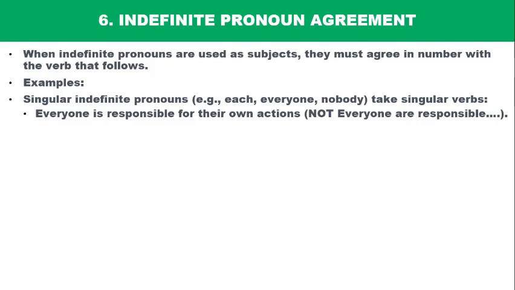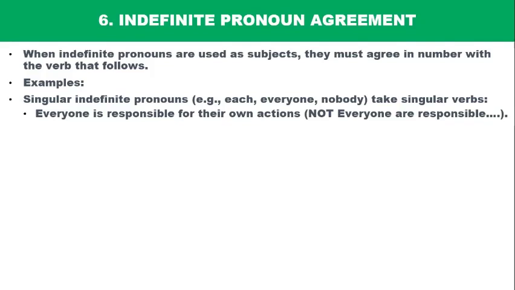Because I earlier explained the use of the gender-neutral pronoun there, okay? You can as well say everyone is responsible for his or her actions. But when you say their own actions, then you are using what in modern linguistics is referred to as a gender-neutral pronoun, and that is their, because everyone could be male or female.